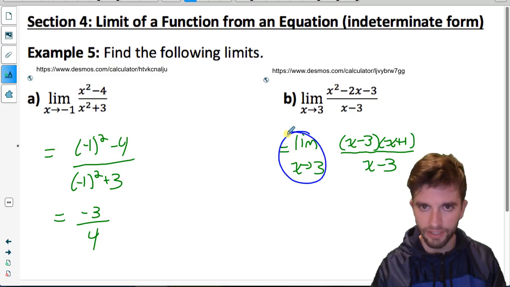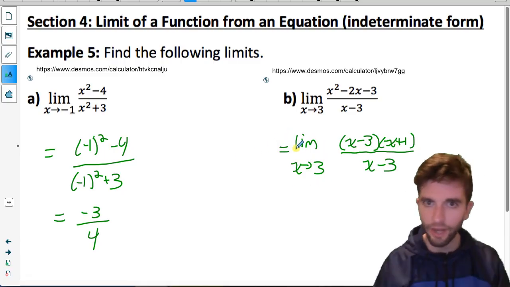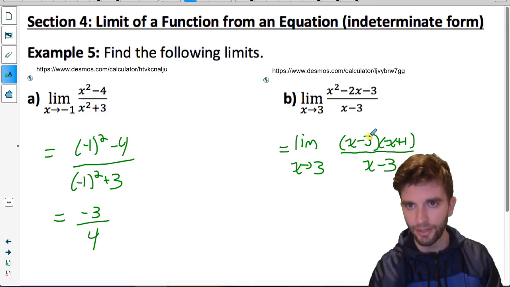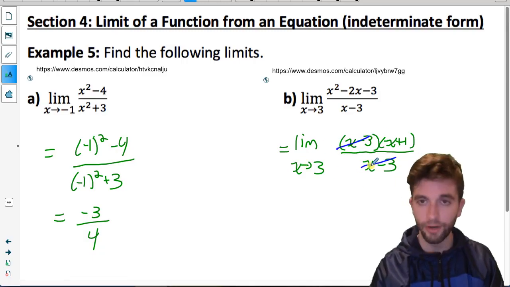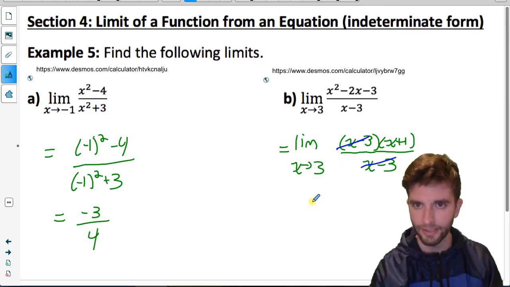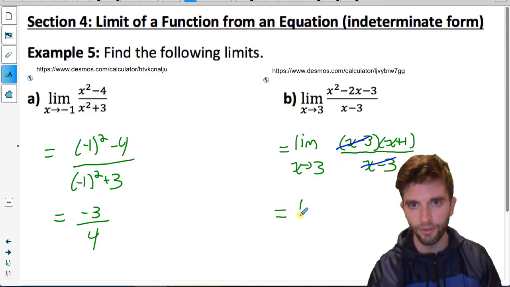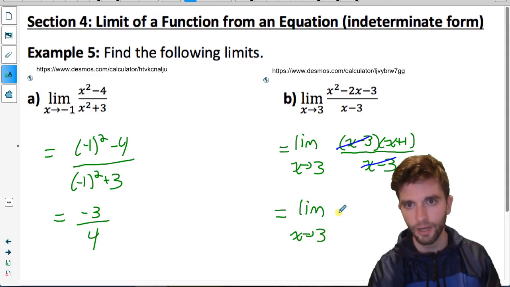And because of this limit statement, I'm guaranteeing x is not 3. I'm just interested as x approaches 3. So if I know x is not 3, I know that this isn't 0 over 0. Therefore, something divided by itself is 1, and I can cancel them out. And what I'm left with is the limit as x approaches 3 of the function x plus 1.